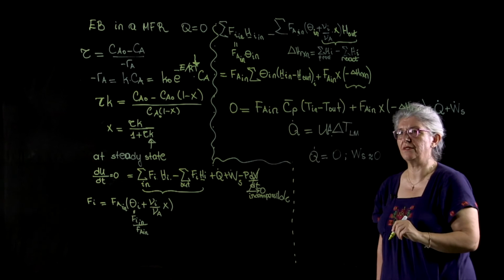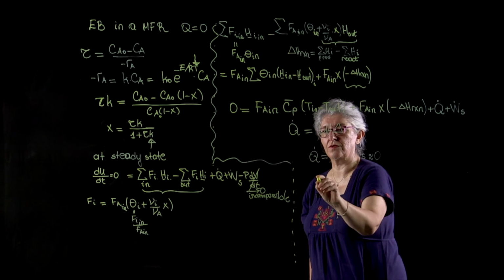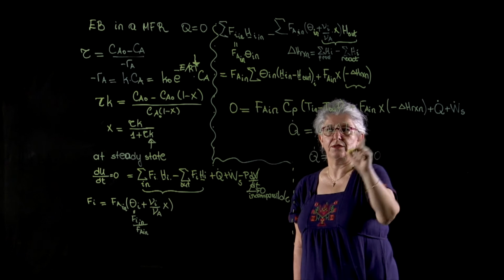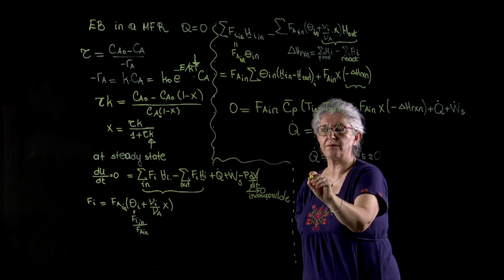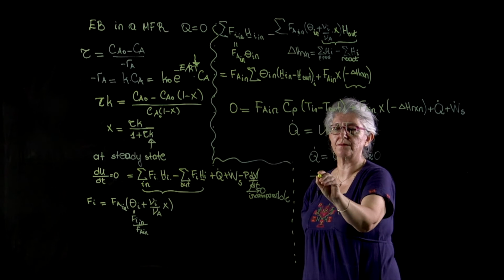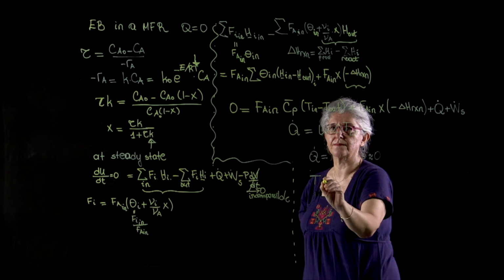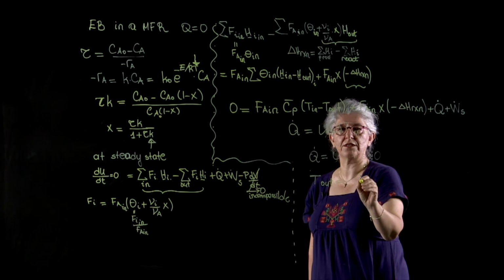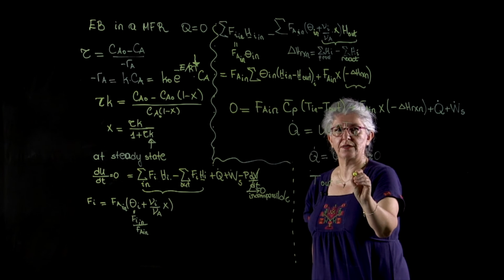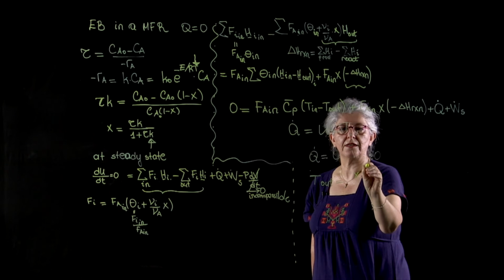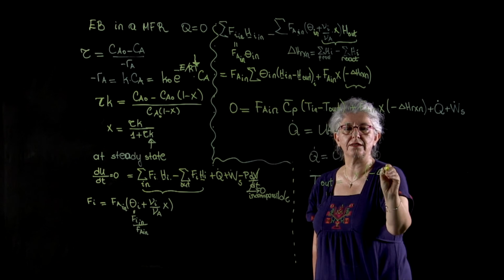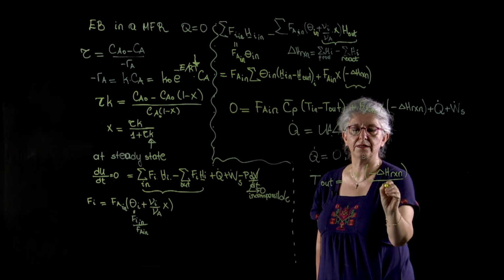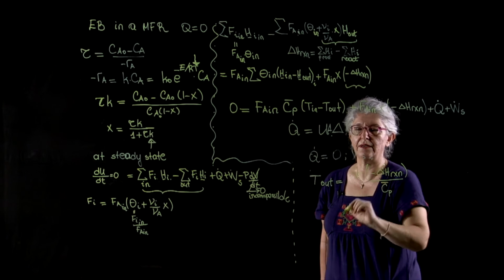Our expression simplifies to a relationship between the outlet temperature and the rest of the reaction parameters: X times minus delta H reaction divided by the average heat capacity.